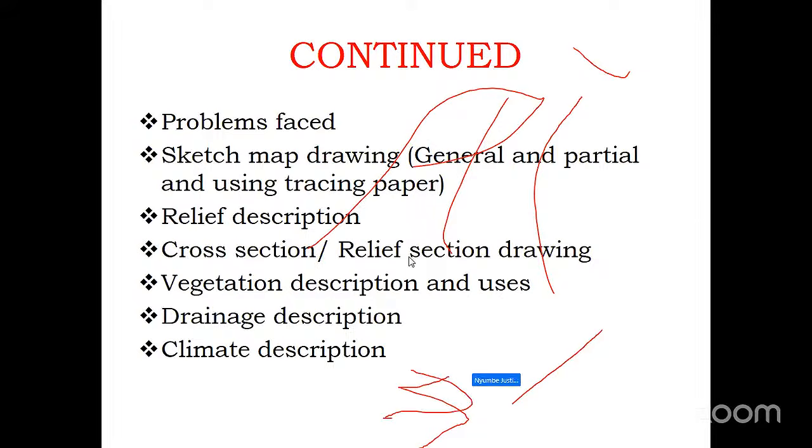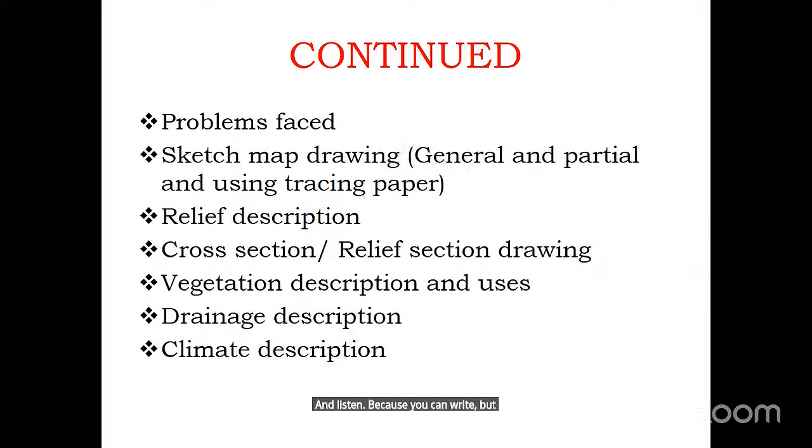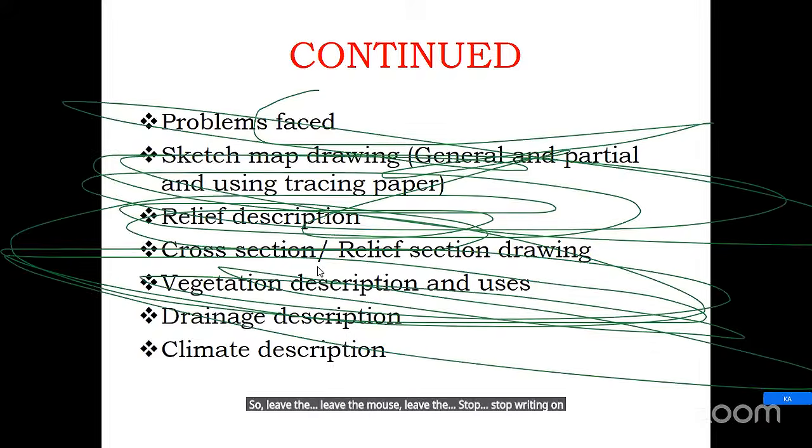That is the problem of Africa. We get over-excited. How I wish you just left that laptop. Just leave that laptop you are using and listen. Because you can write, but you cannot remove. Just see, you cannot write on it. What I have typed, you cannot change it. So leave the mouse, stop writing on the slides.